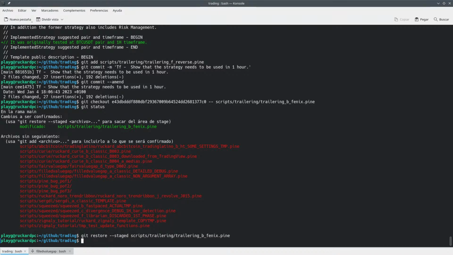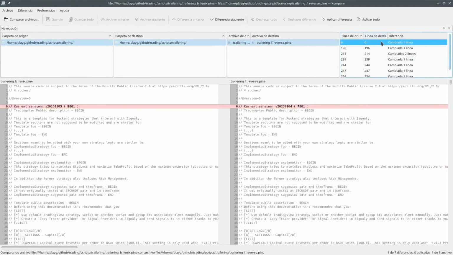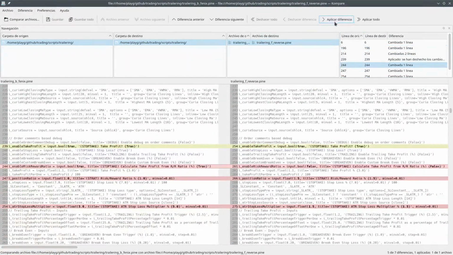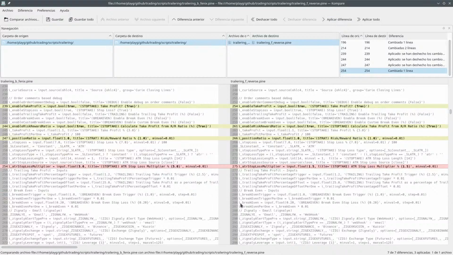And now we should be able to compare this. And we will check. So I don't think we need this change. This needs to be changed into true. This, let's say that yes, because you want the take profit. I mean, it's the other way around, but let's say that yes, and position ratio 2. But the position ratio needs to be 0.5 or something.